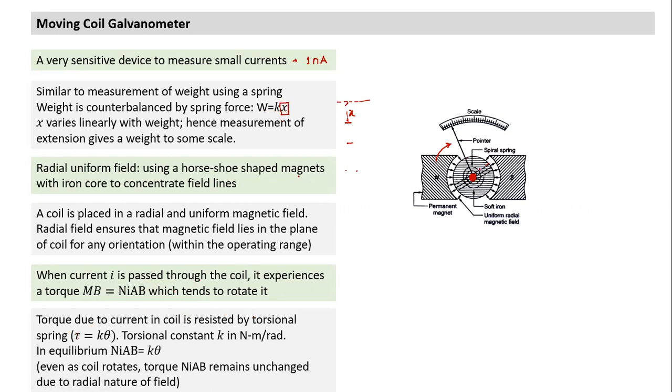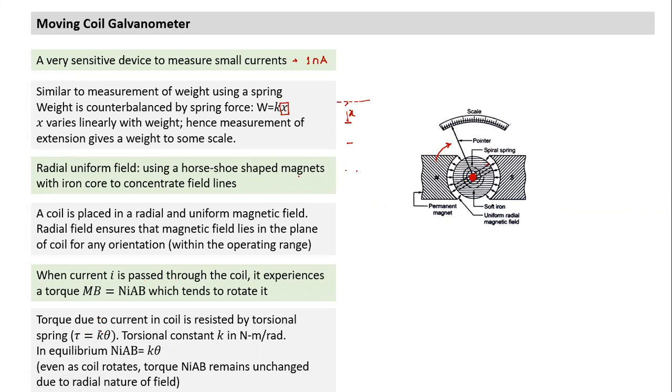So it offers a resisting torque, which is proportional to angular displacement. Here F is equal to minus Kx in the case of a linear spring, the minus to indicate the opposite direction. In the case of a torsional spring, the resisting torque is proportional to theta, equal to K times theta. The K here is called the torsional constant, whereas for the linear spring it is the spring constant.